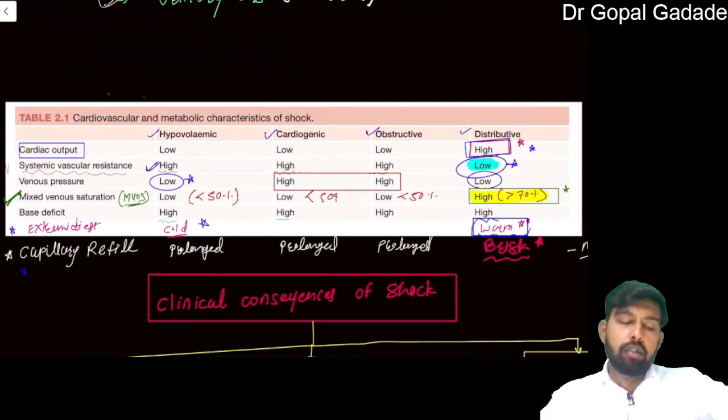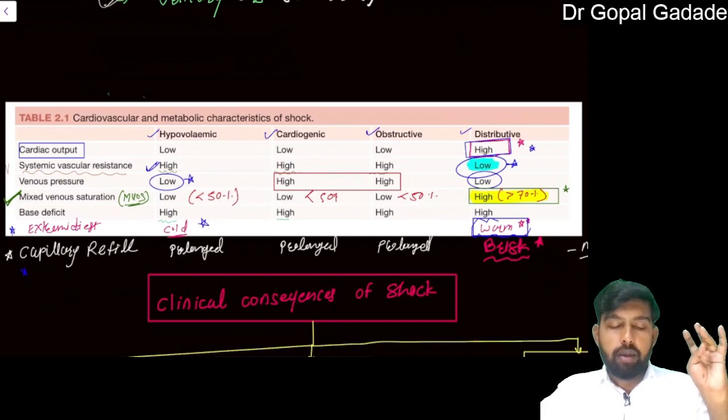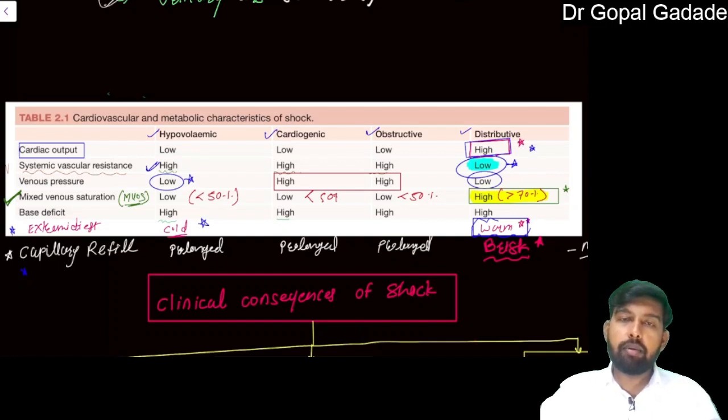So remember that the cardiac output is decreased in all types of shock except septic or distributive shock. The mixed venous saturation is decreased in all types of shock, but it is high, more than 70, in septic shock or distributive shock. Capillary refill time is prolonged in other types of shock except in septic shock, in which it is brisk, or reduced.